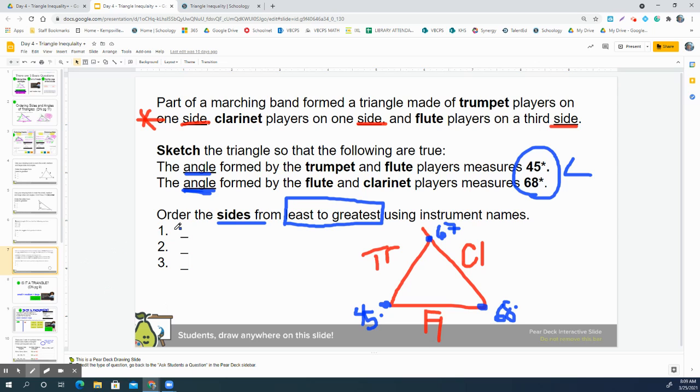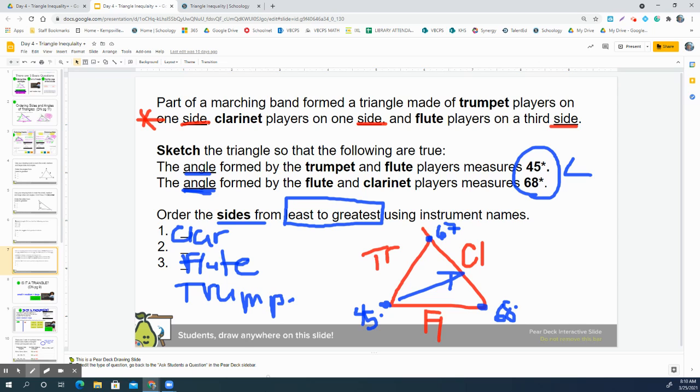The clarinets, absolutely. Clarinets, that's the smallest. What's the medium? Flutes. And then the largest? The ones that are left over.